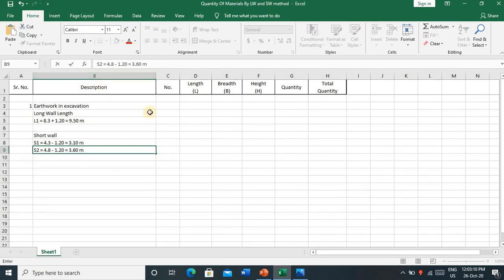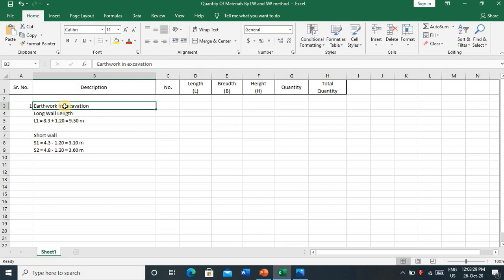So now in the measurement sheet and in the length column you have to take this length, okay, this 9.50 and not the 8.3. Every time the length will be changing as per the width of item.